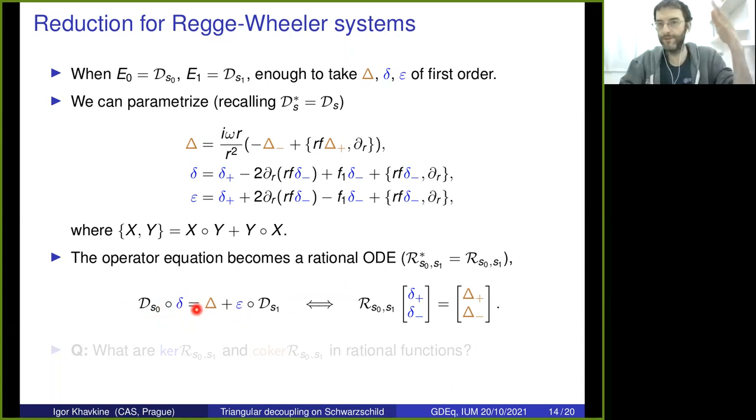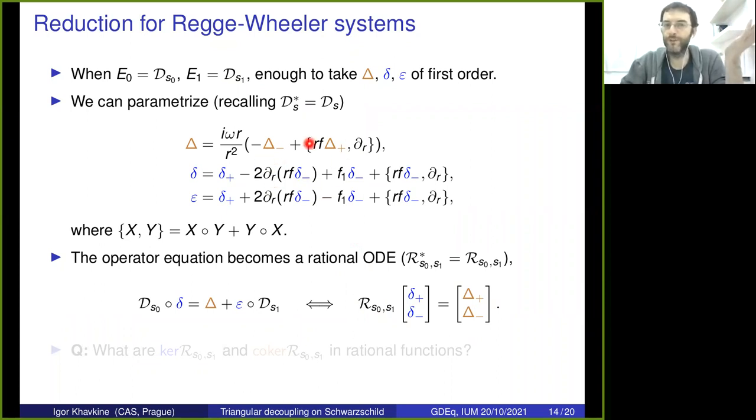So I can expand both sides in derivatives with respect to R with some coefficients, and I set the coefficients of the corresponding derivative order to be equal on both sides. So once I do that, I obtain a differential equation on the little deltas, okay, with a right-hand side given by the big deltas. The original equations had rational coefficients, okay. The equation I obtained here, I don't write it fully because it's a little bit long, but it also has rational coefficients.